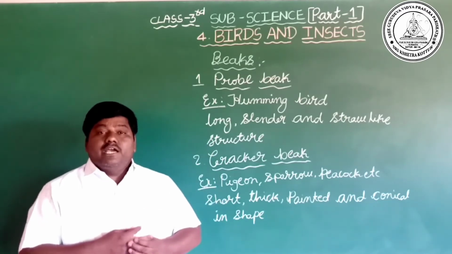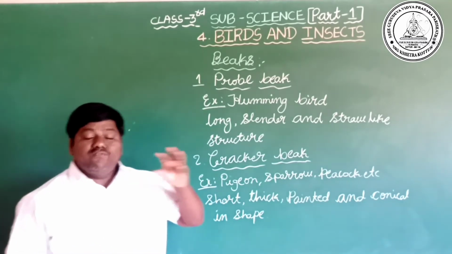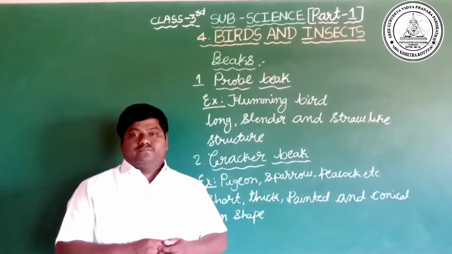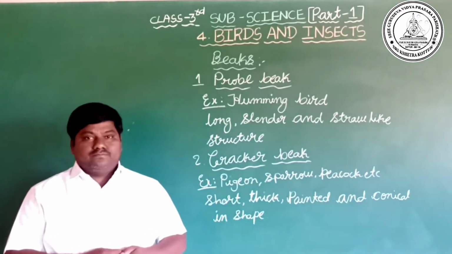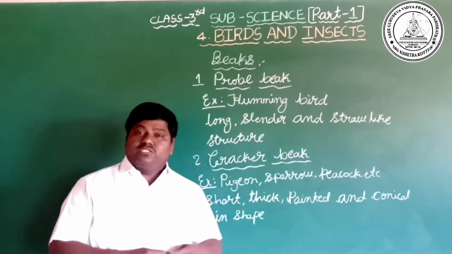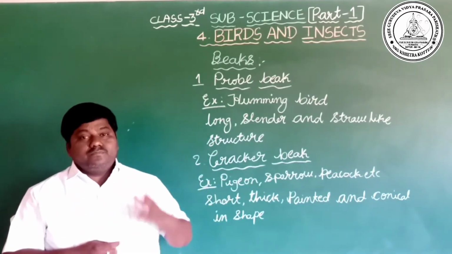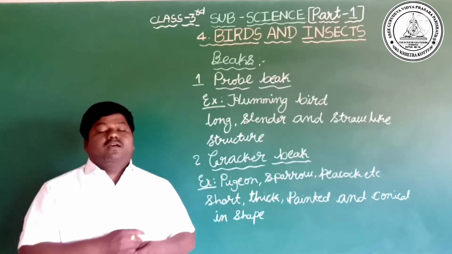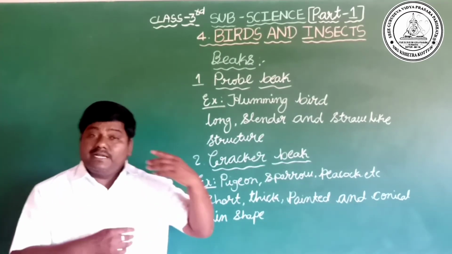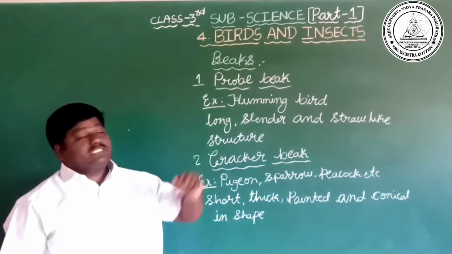Example, they use their beaks to eat the food, to catch insects, to catch animals, to tear the skin of the animals, and beaks help the birds to climb trees also. Okay, this is about the beaks.